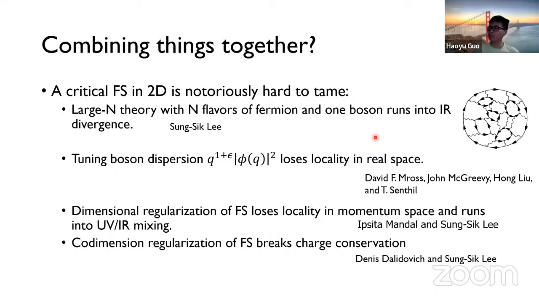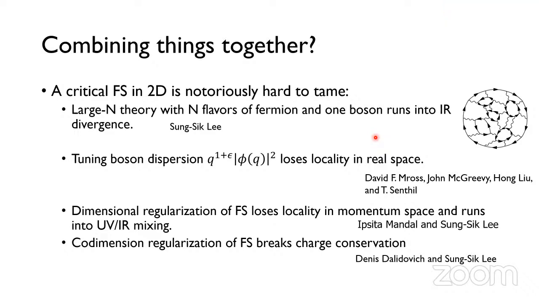In higher dimensions, it's easier because, for example, in 4D the critical points are very easy to understand. You could just use mean-field theory. And in 3D, the criticality is also weaker than in 2D because the fluctuation of the order parameter is weaker. So for that case you could just use Hertz-Millis theory, which wouldn't give you an answer that is too bad.